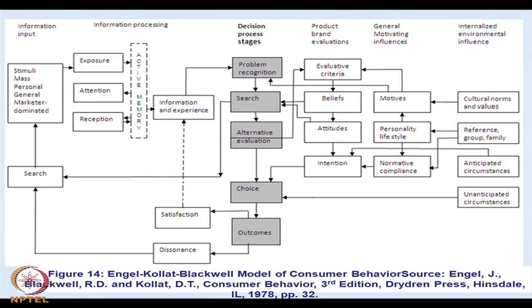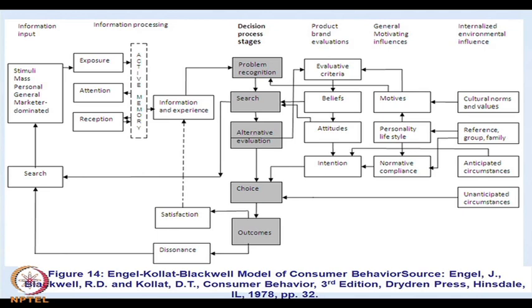So, the choice and the purchase is basically impacted by a person's individual differences in terms of his motives, personality, lifestyle, psychographics, also in terms of the normative compliance and both anticipated and unanticipated circumstances.